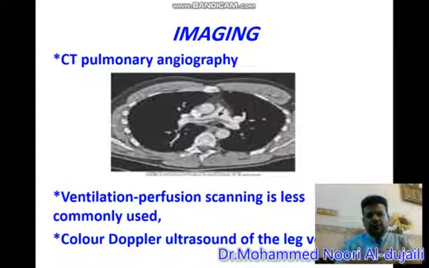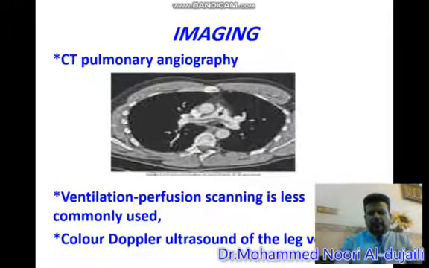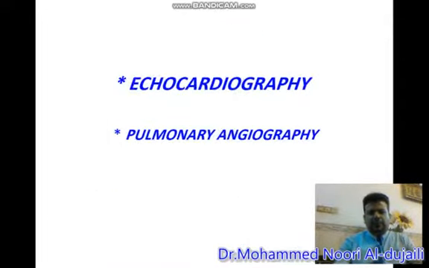If there is good matching, no problem. If there is mismatch, there may be a problem such as pulmonary embolism or an airway problem. This was previously used for the diagnosis of pulmonary embolism, along with ultrasound of the leg to exclude propagation of the DVT into pulmonary embolism.